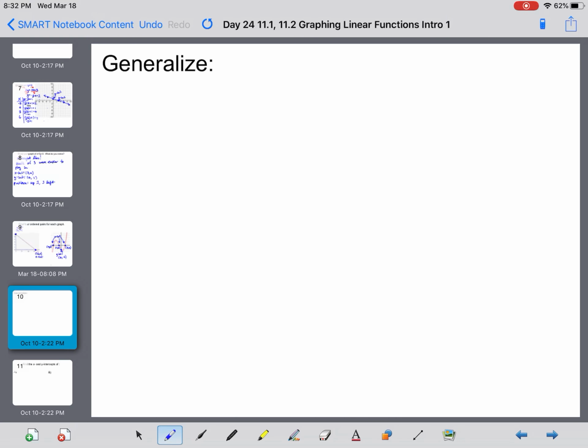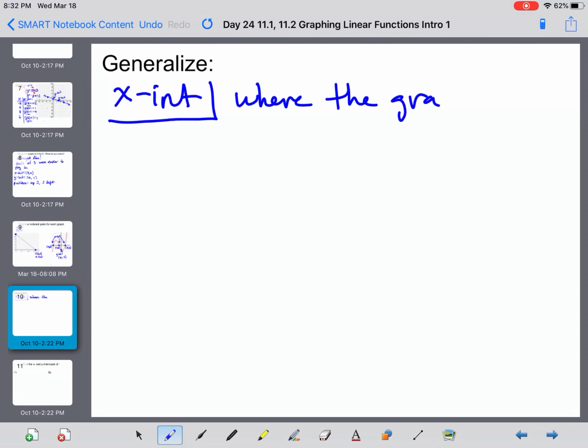So I want to generalize here. When we find intercepts, so when I find the x-intercept, first off, let's define it. The x-intercept is where the graph touches the x-axis.